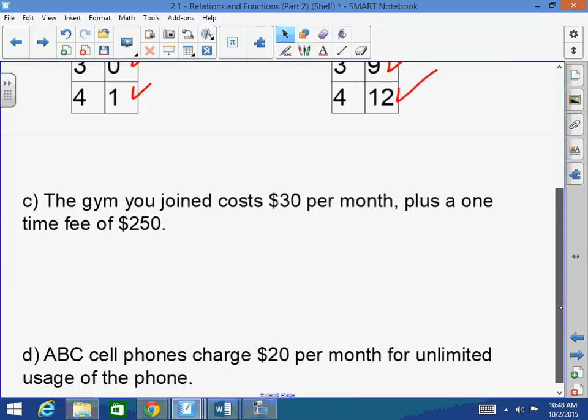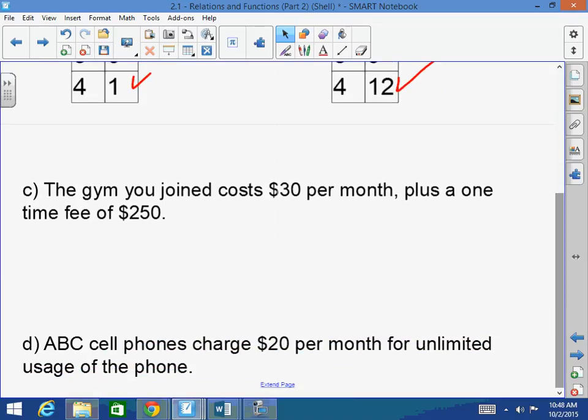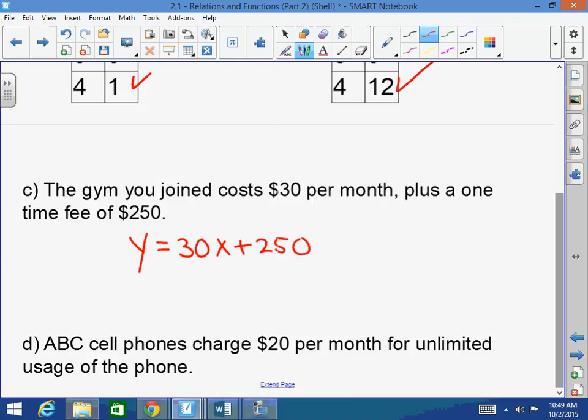Okay, how about this one? How would I write this function? The gym you join costs $30 per month plus a one-time fee of $250. Very proud of you. Where x is what? The number of months.